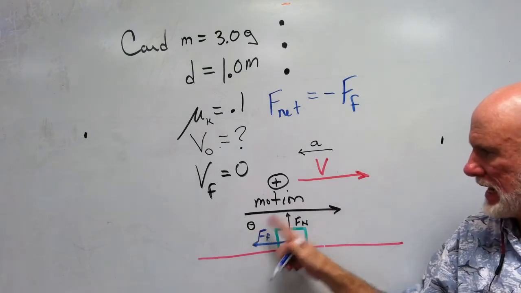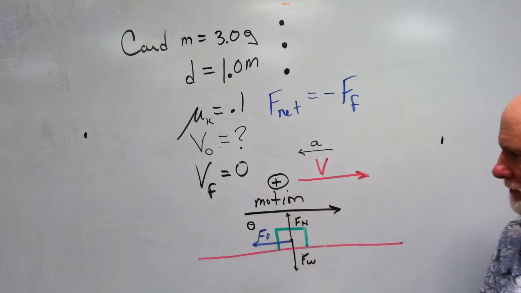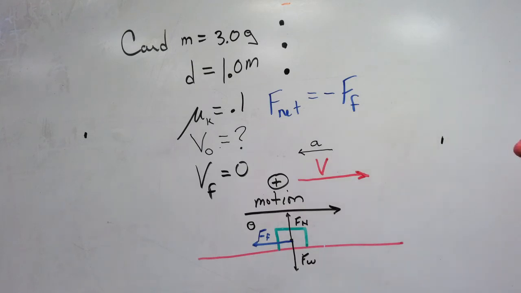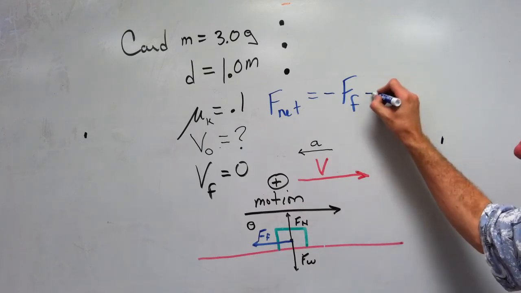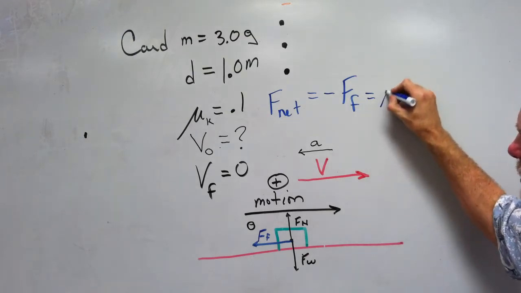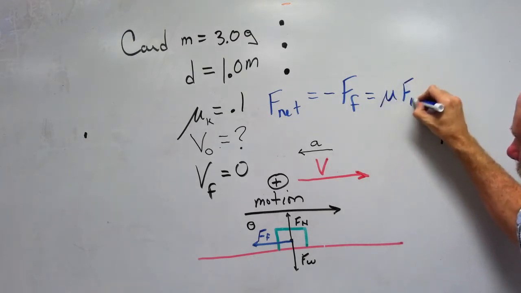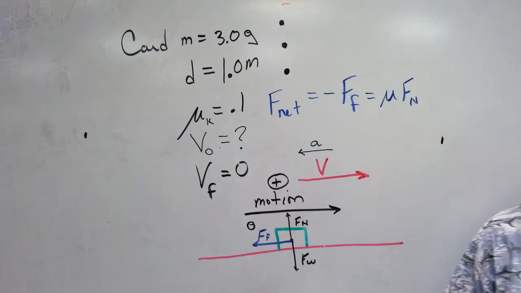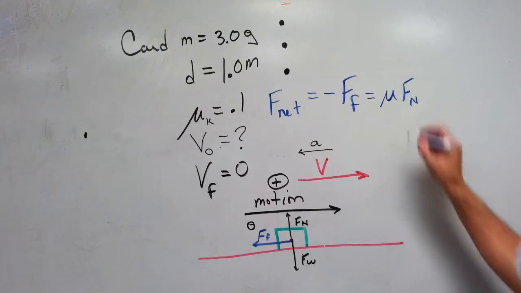Because it's the opposite way of the direction. So it's negative. Now, I know that the friction is going to equal mu Fn. Correct? Mu Fn. Now, that's negative.